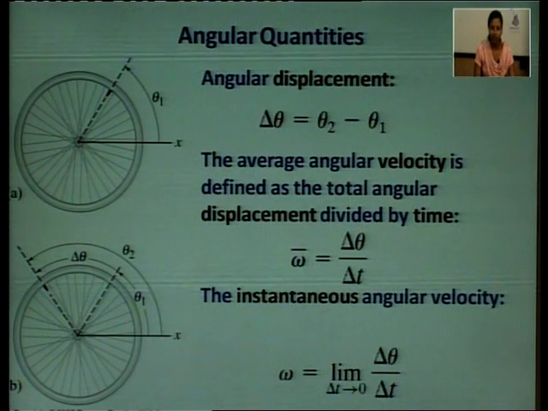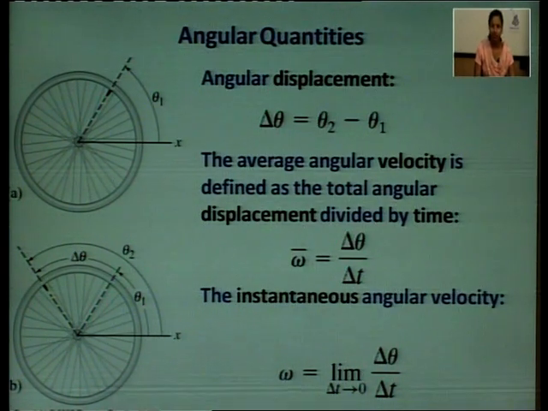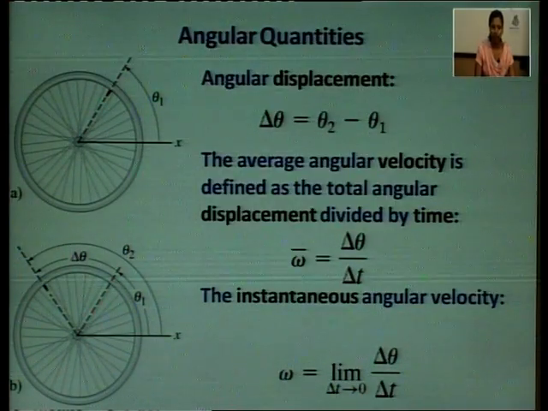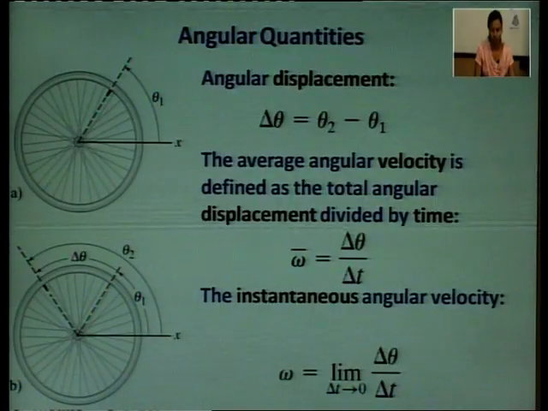The corresponding term is instantaneous angular velocity. It is defined when time approaches 0, delta t approaches 0, then omega bar becomes omega, that is instantaneous angular velocity.